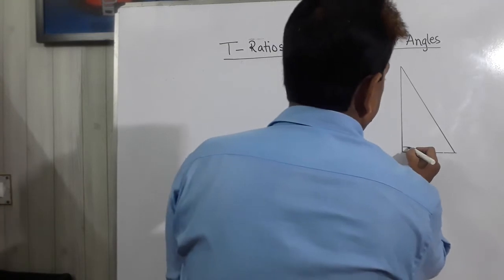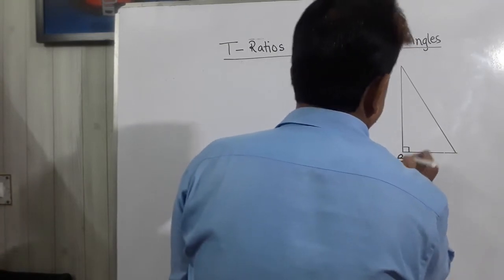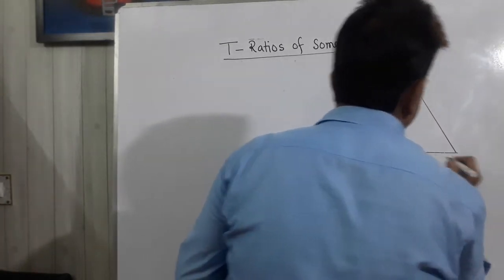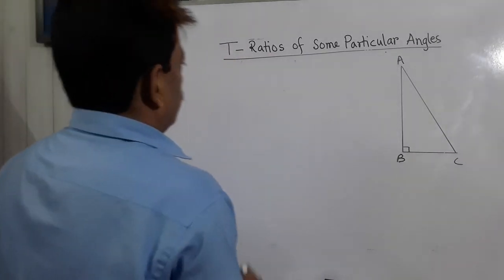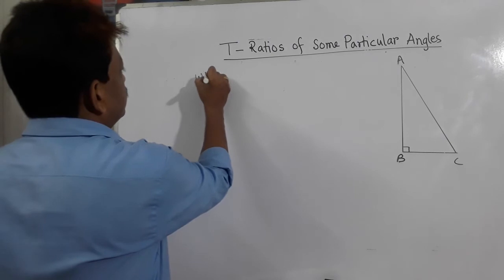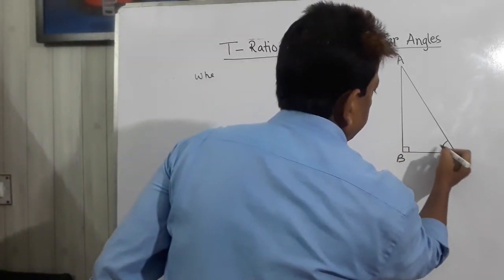A right angle triangle ABC, where B is the right angle. Okay. Now when this is theta, the base angle is theta.